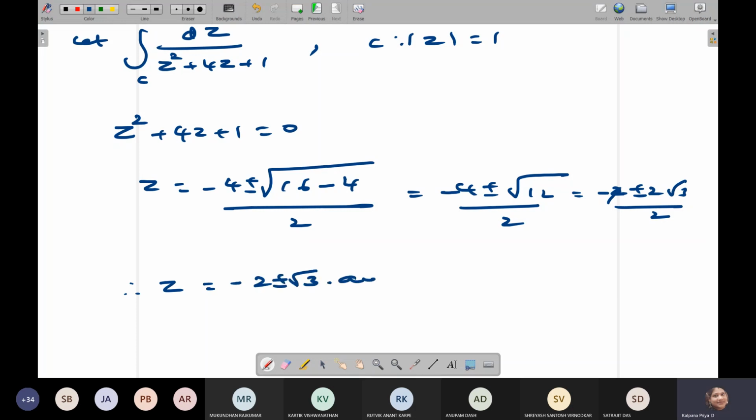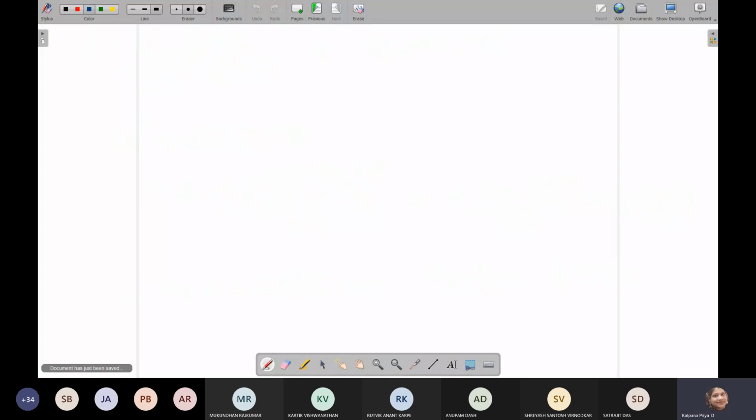Okay. So which are simple poles? To use residue theorem, we have to check which pole lies inside the contour. For that, minus 2 plus root 3. So minus 2 plus, what is root 3? 1.732.